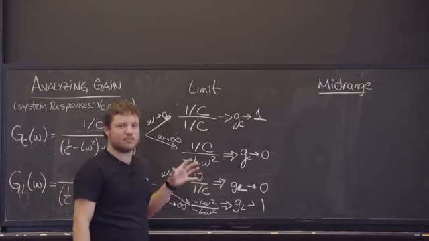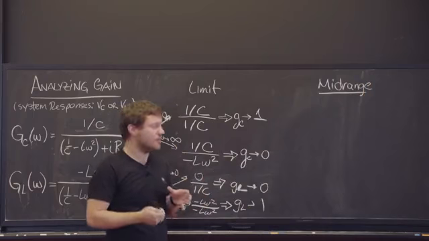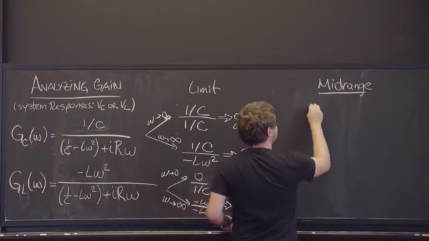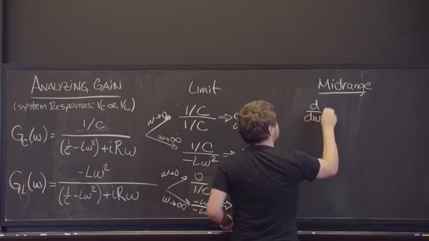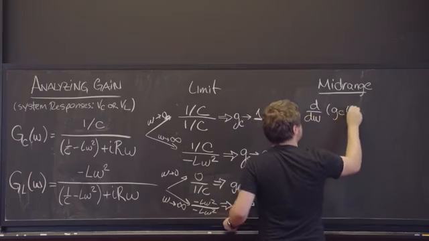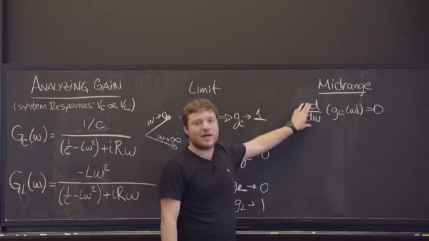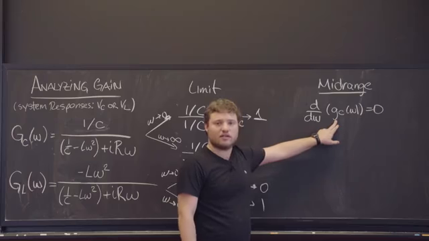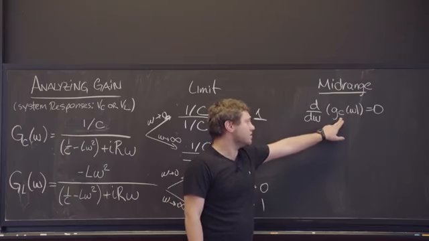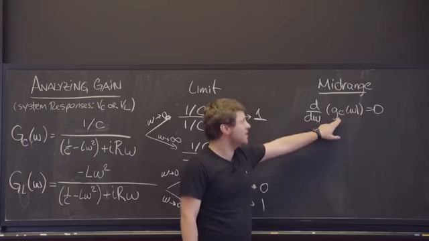The analysis of the mid-range can be quite complicated. We would have to solve the equation d/dω of GC equal to 0 if we want to find a maximum for the gain of the capacitor GC.